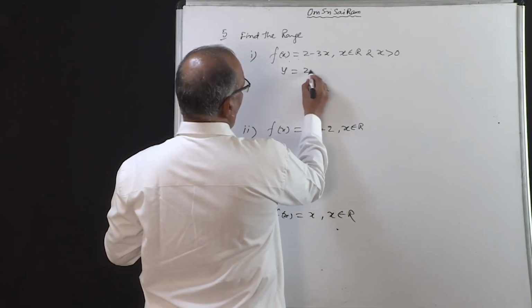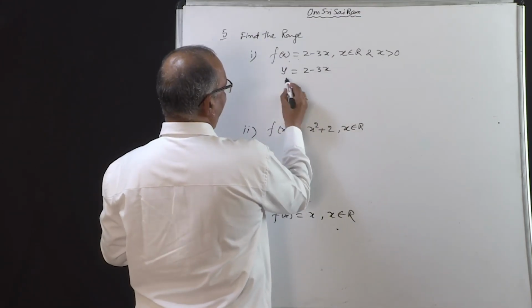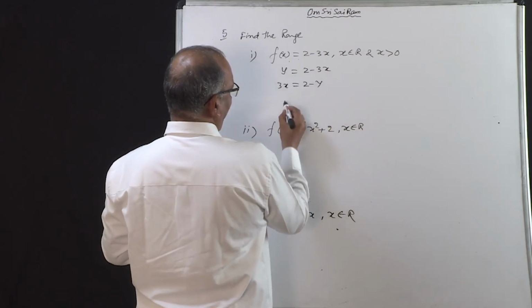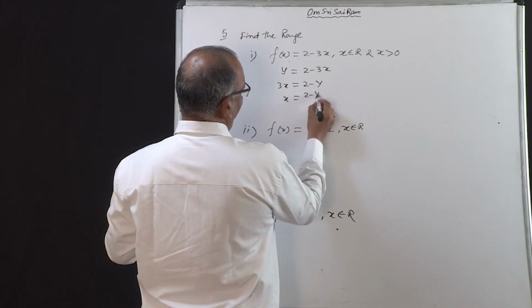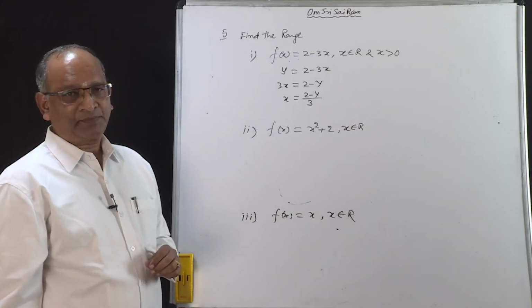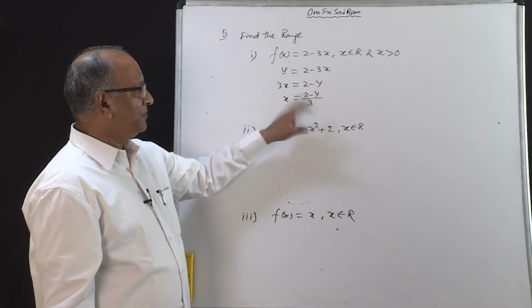So y is equal to 2 minus 3x. Rewrite it in terms of x. You can say 3x equal to 2 minus y, x equal to 2 minus y by 3.